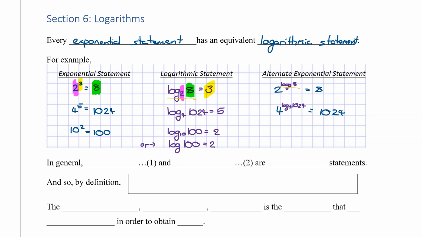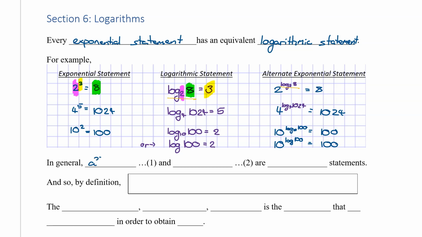And similarly, 10 to the power of log base 10 of 100 is equal to 100. Or, more succinctly, 10 to the power of log 100 equals 100, because the base 10 is implied when we leave out the 10.